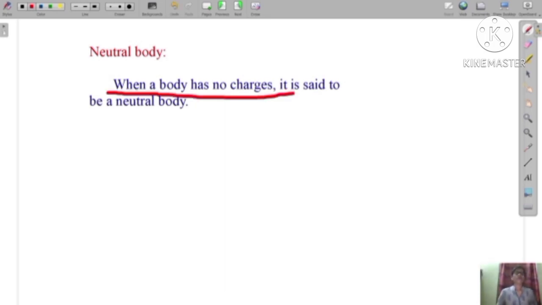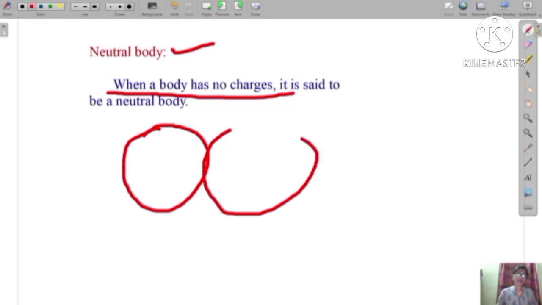Now, what is a neutral body? The definition is: when a body has no charge, it is said to be a neutral body. As I told you in the previous slide, if we consider a body A and body B, because of the opposite charges, they will be attracted.